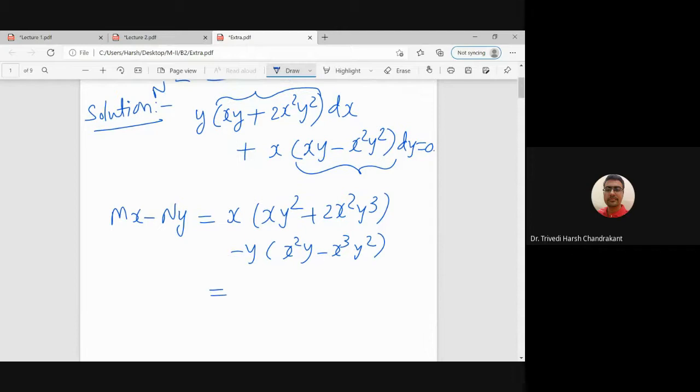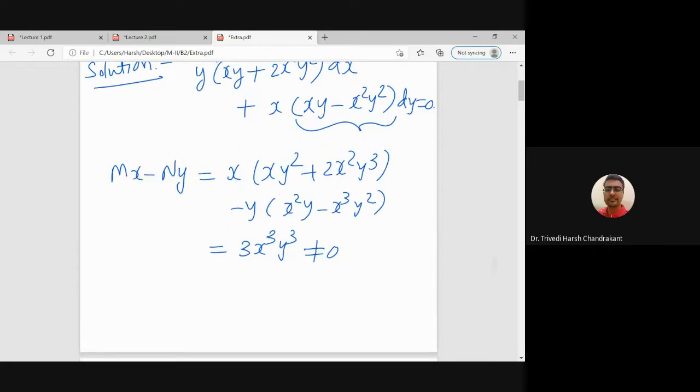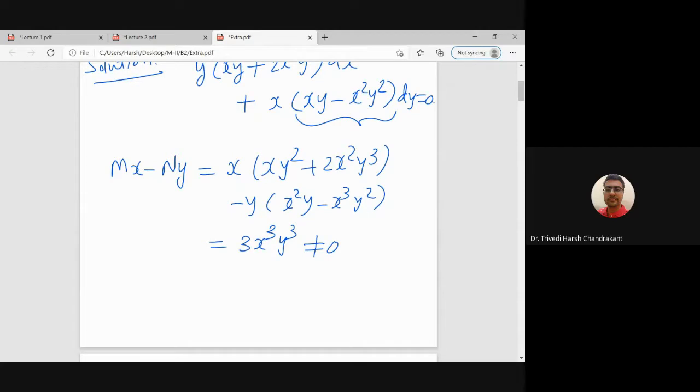If you simplify this, you may check later that this turns out to be 3 times x cube y cube. Right? I'm writing directly, you just verify. So this function is a non-zero function, it is not zero everywhere. It is zero at some point whenever x and y are zero, but otherwise it is non-zero. What I want to say is it is not an identically zero function.